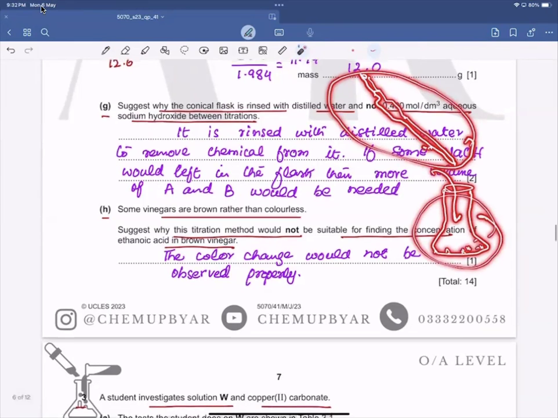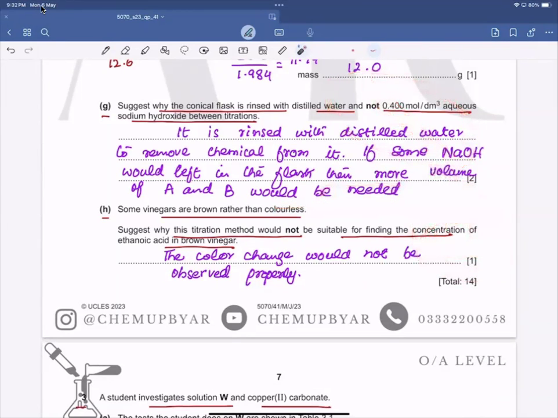And when we transfer the NaOH with the burette, there is more sodium hydroxide in it. As a result, more volume of A and B that we are adding from the burette would be needed, so we are not going to get the correct result. Is it understandable, Umar?